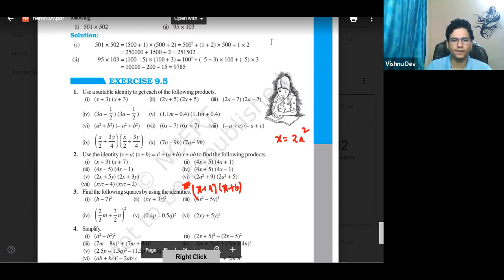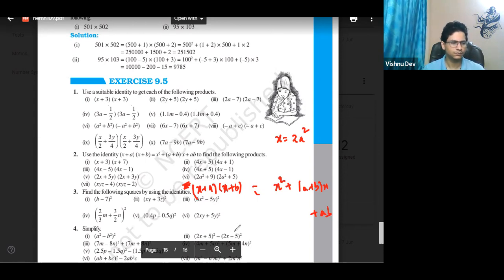So if you remember, the formula was x squared plus (a plus b)x plus ab. Yes or no? This is the identity. This is the formula. Any doubt in this?